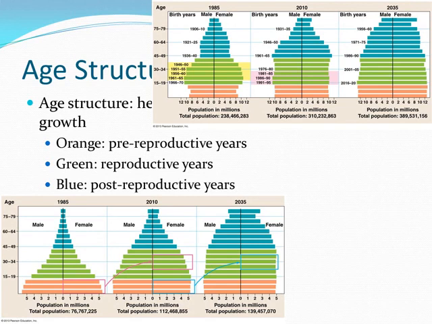Looking at this particular graph here, on the bottom, this is an age structure of Mexico. And so here we have, as you can tell, well, tell me about it. What is happening from each graph as it progresses further and further?